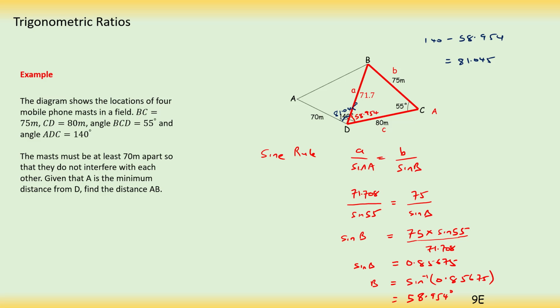Just before you make some notes, now I've got this angle, it's the angle in between two sides that I know, which means I can now find this side using the formula that needs the angle in between two sides, the cosine rule. Before we do that, hit pause, make some notes, and when you're ready, hit play again, and we'll move on to the final part, finding AB.